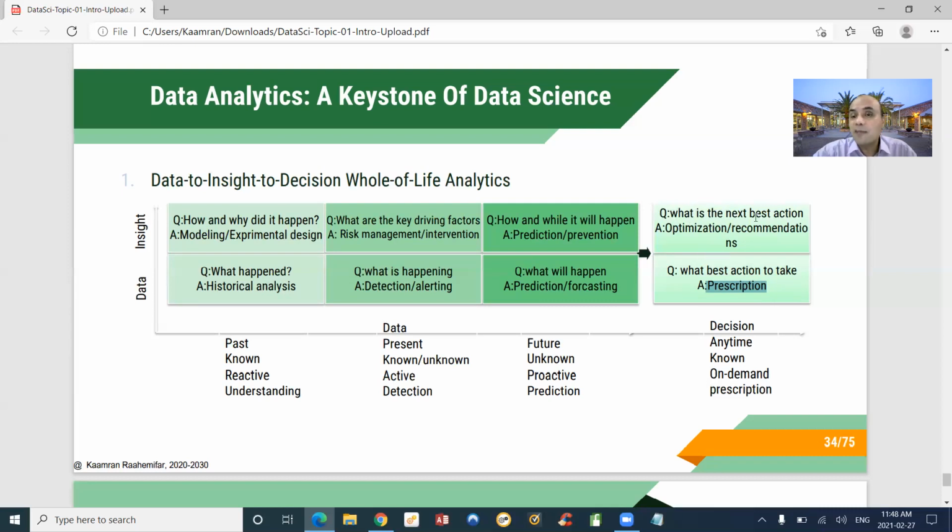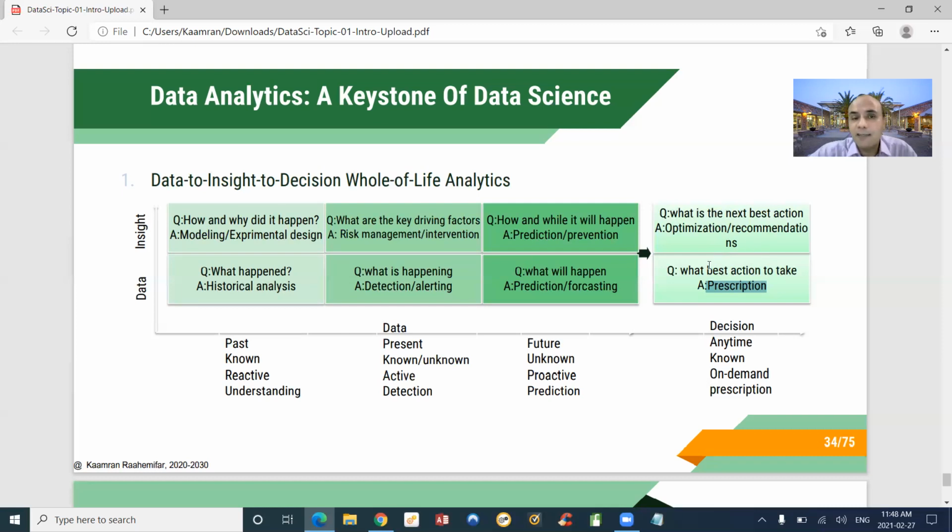What's the next best action? Optimization or recommendations. Obviously this is not going to be the best of the decisions unless you know that the decision you have taken is the best. And the way you are going to do it is through an optimization routine and optimization algorithm, where you are going to modify the algorithm and look at what we call sensitivity analysis. Sensitivity analysis is going to tell you not only about the past, but also help you optimize for the future.